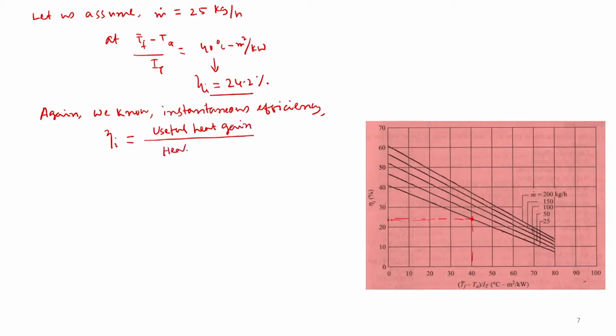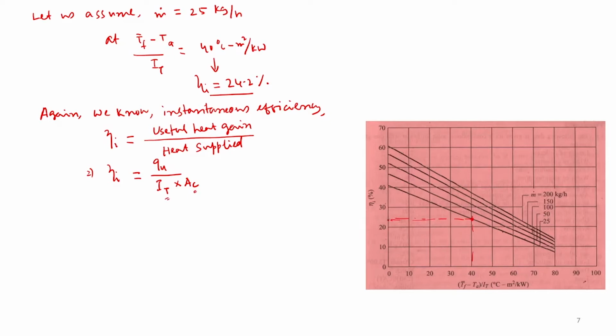Mathematically, heat supplied is nothing but IT multiplied by AC, where IT is the solar radiation incident on the solar collector, and AC is the collector area.